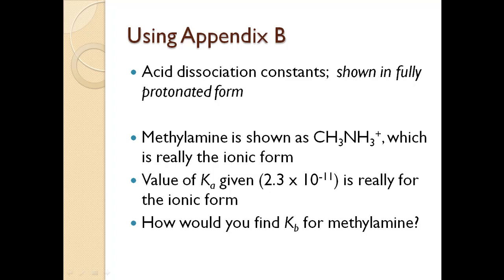Make sure that you know how to find these. Make sure that you could do these problems and you could find them in the appendix, and that you don't get confused. Because I'm gonna give you one of these in the test, and I'm gonna give you a list. You're gonna have to know how to use that list.